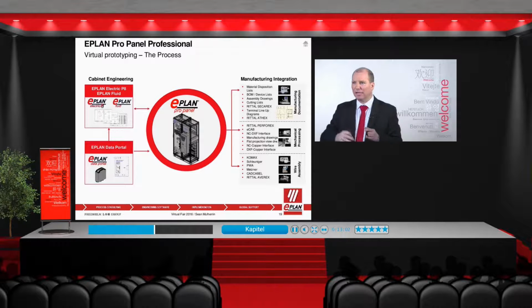From ProPanel, you can generate all of the documentation you need for manufacturing. You can generate all of the 2D drawings that you need to print out, for example. You can also provide the machines, such as the Rittal Perforex machine or Komax machine, with data to cut wires automatically. So all that data is in the platform, so simply use it and send it to those machines instead of, again, re-entering the data that you typically do today.